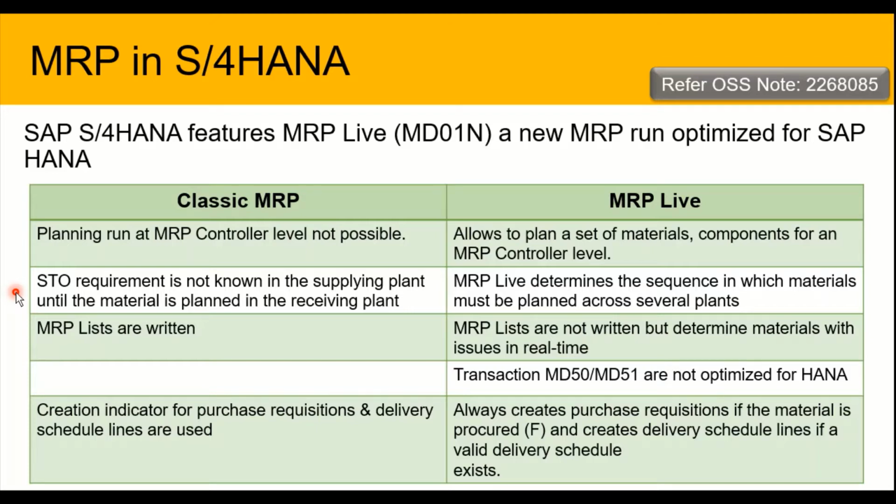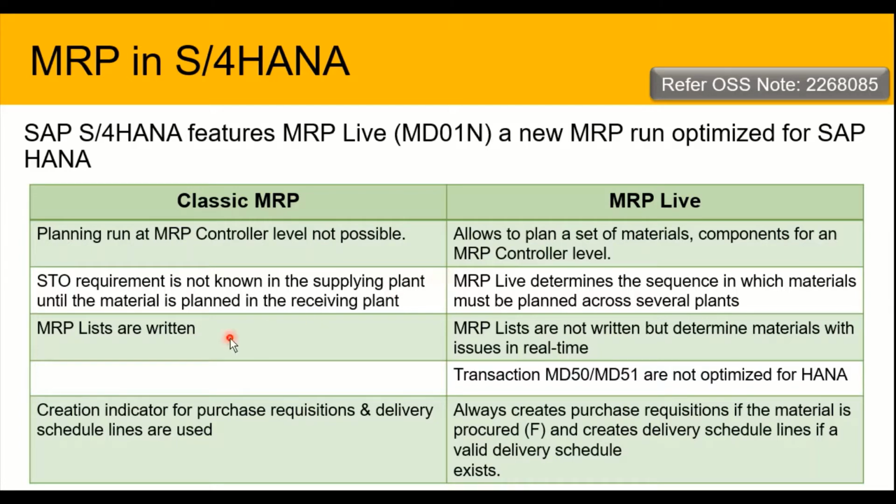So in the classic MRP, we do not know it until there is a reservation created in the receiving plant. But in case of MRP Live, it automatically determines the complete list of materials that are to be planned across several plants, and this is made possible by using the functionality of the special procurement keys.